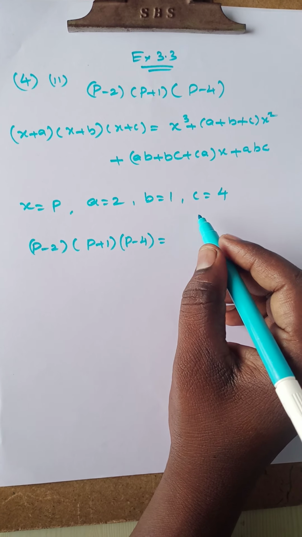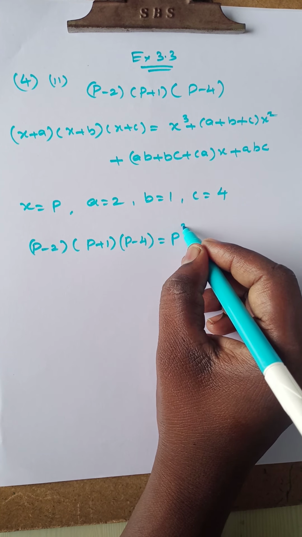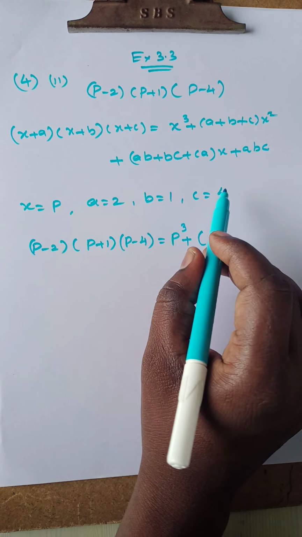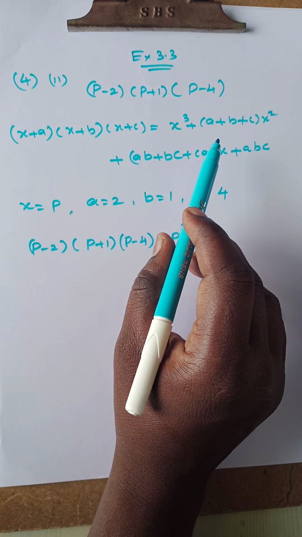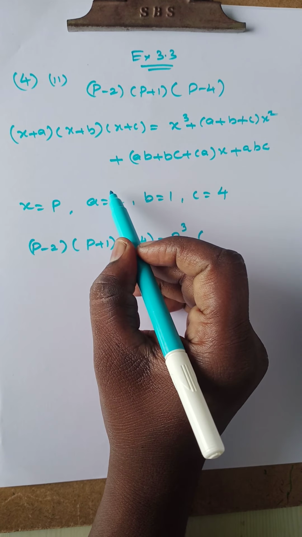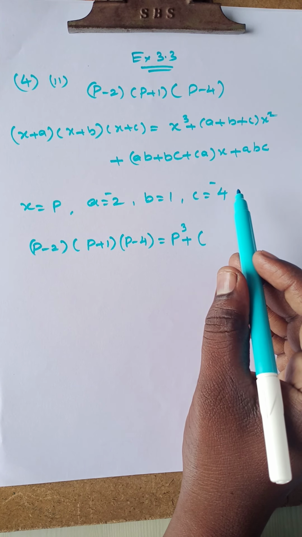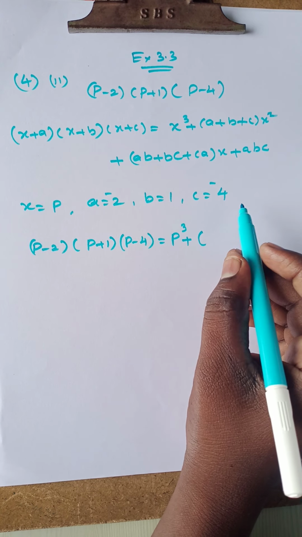That is equal to, what is the x value? p power 3 plus, we should add, what is the value? This is minus 2, it is minus 4. Therefore minus 4 minus 2, minus 6, minus 5.